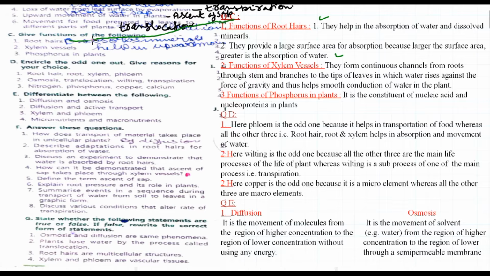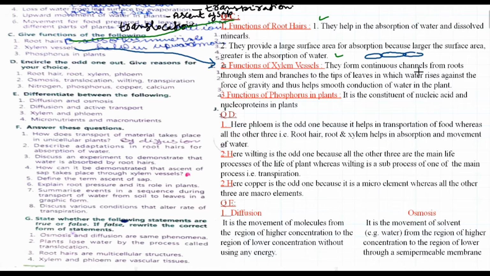Now functions of xylem vessels. As you know, the xylem vessels form continuous channels linked to one another, from root through stem and branches to the tips of the leaves, wherein water rises.